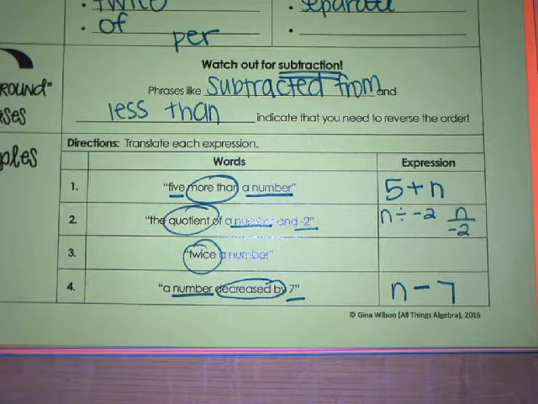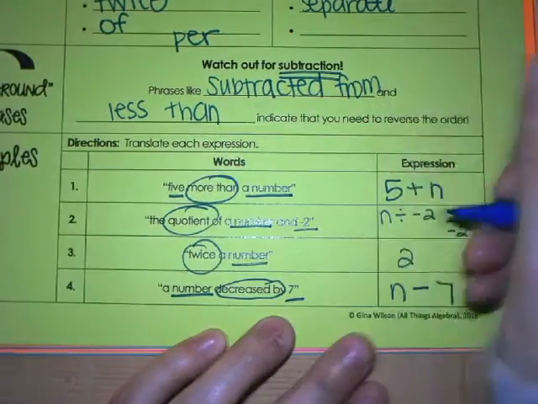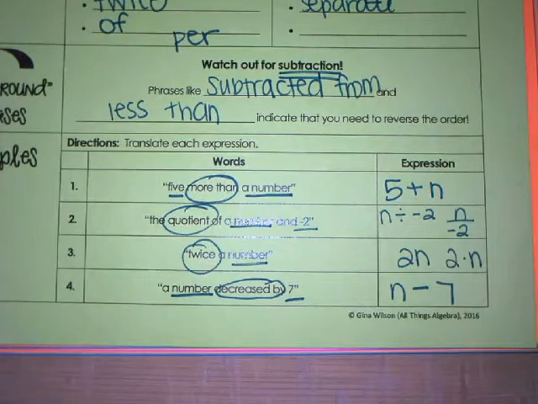Remember, twice means to multiply, but it's specifically by 2. And what am I multiplying by 2? So 2n. You could also write a dot in between there as a multiplication sign. I typically don't. I just write 2n. Questions so far, guys?